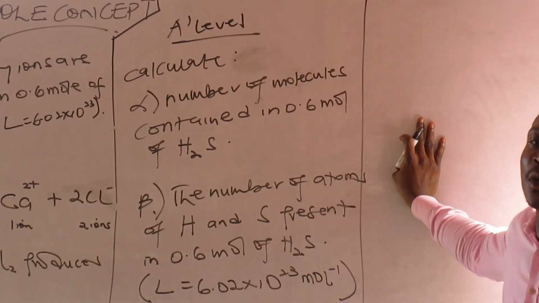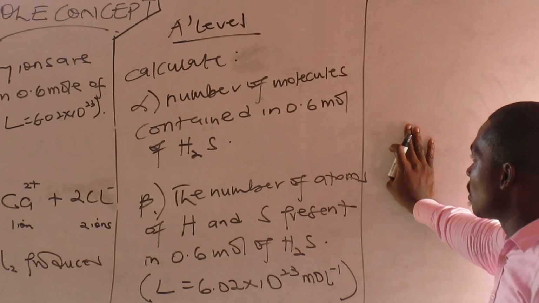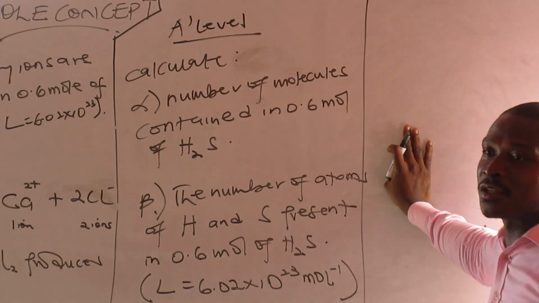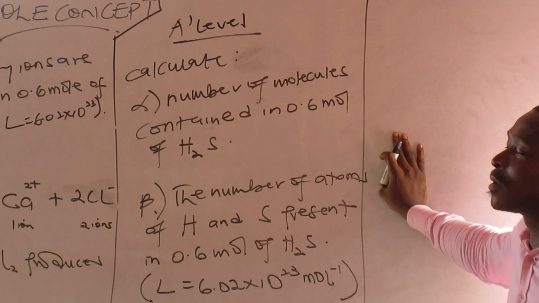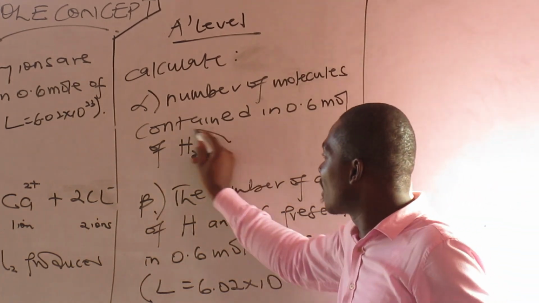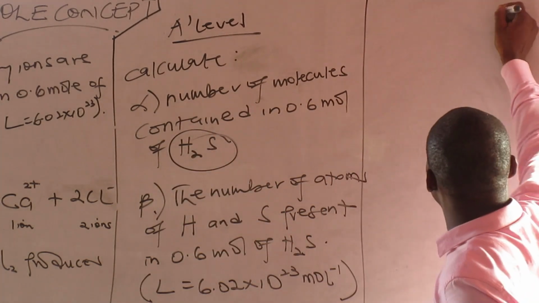Calculate the number of molecules containing 0.6 mole of hydrogen sulfide, H2S. Molecule. That is what it is, right? Good. Solution.